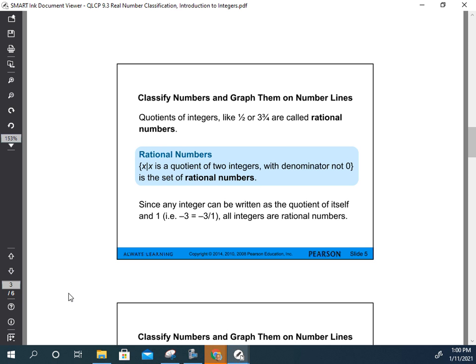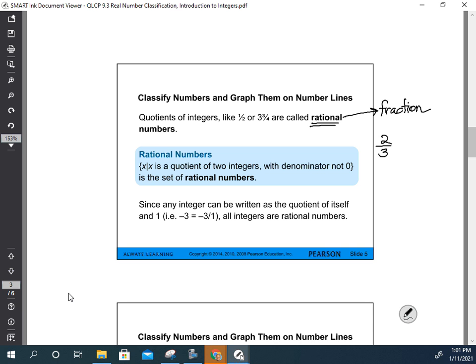So, another way to classify numbers is rational and irrational. Rational is another name for fraction. Any number that you can write as a fraction is a rational number. So, 2/3 is a rational number.